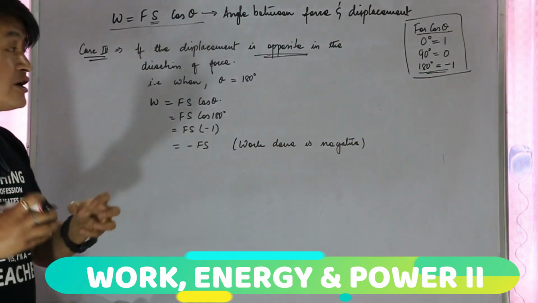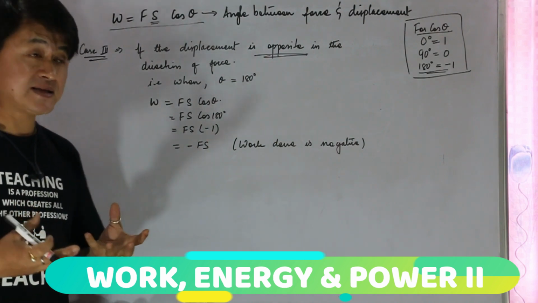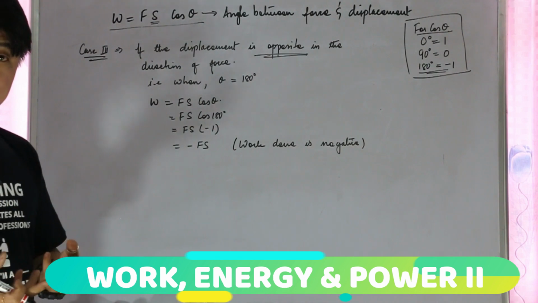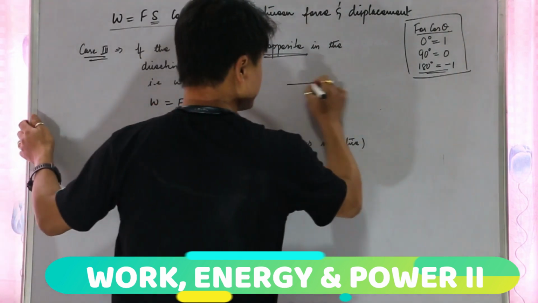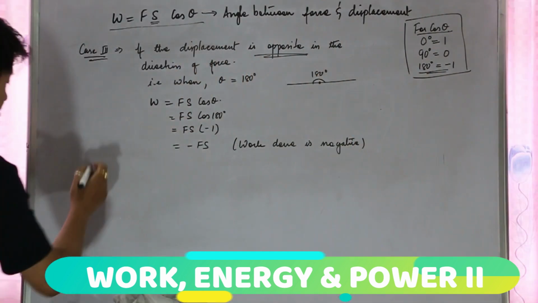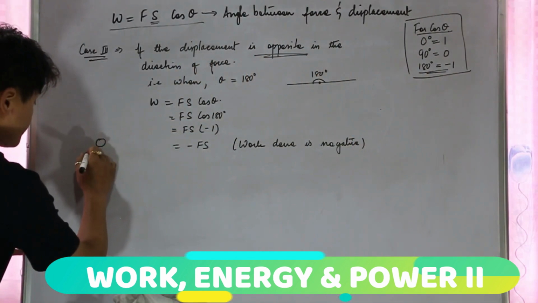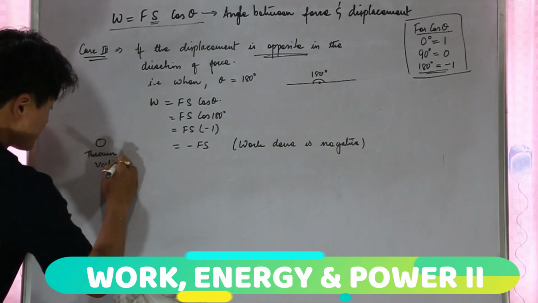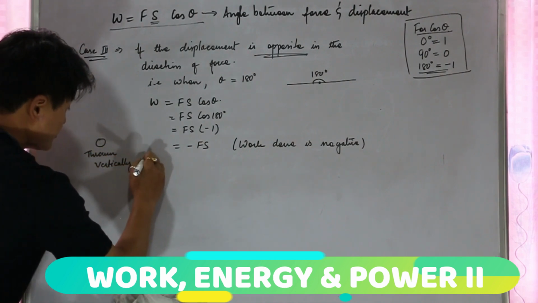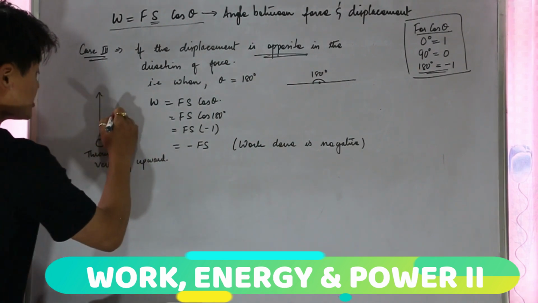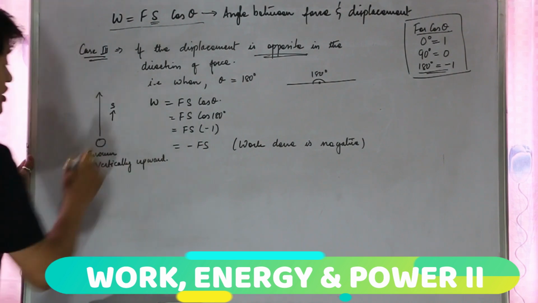Whenever the angle between the force and the displacement is 180 degrees, the work done is negative. So when do we get 180 degrees? In a straight line. A straight angle is 180 degrees. Let's take one example. If a ball is thrown vertically upward, the displacement will be in the upward direction.